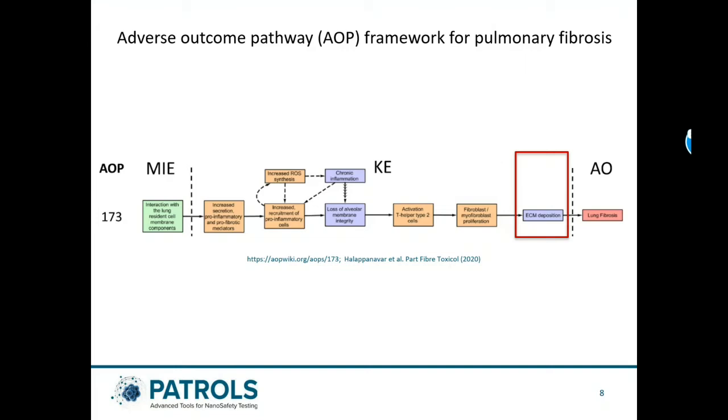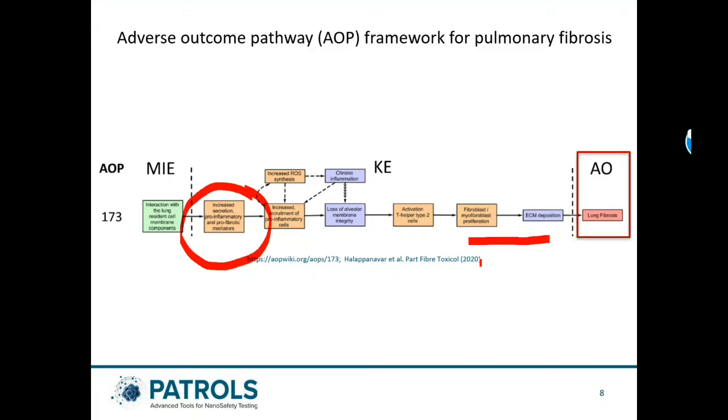Again, the time factor is important, so we cannot really expect an acute extracellular matrix deposition in a 24-hour assay. And so if we look at short-term acute exposure, maybe we focus on these endpoints. And if we have repeated long-term assays, then we can hopefully look at other endpoints which are more towards the end, the adverse outcome.